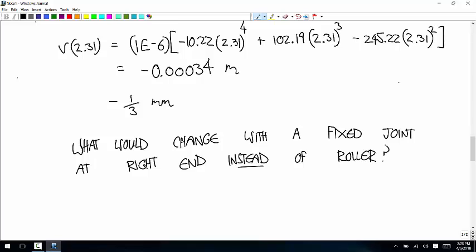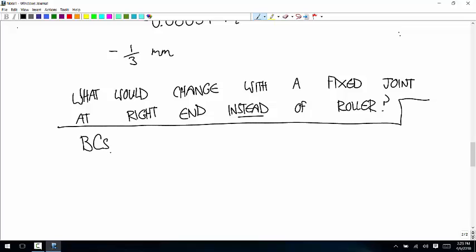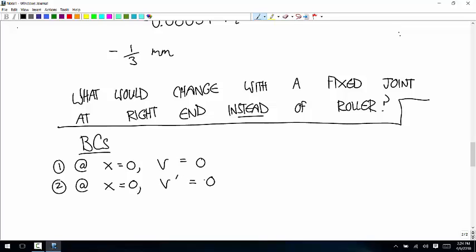Okay, so the boundary conditions: we still have a fixed joint at the left, so at x equals 0, we have v equal to 0, and at x equals 0, we have v prime equal to 0.